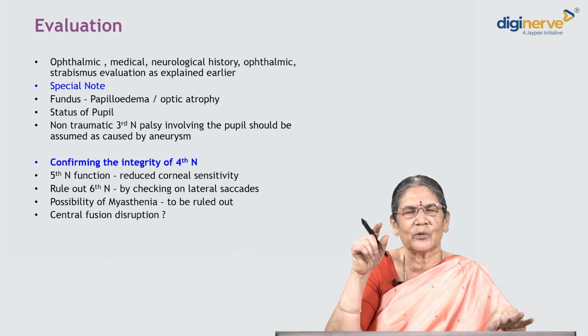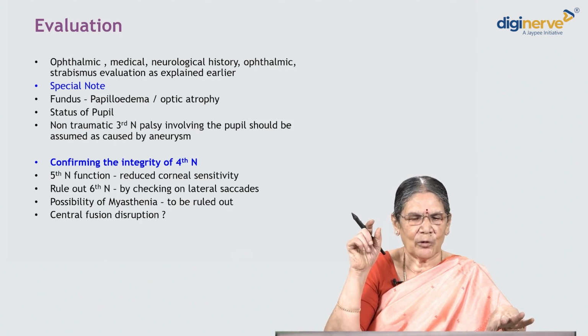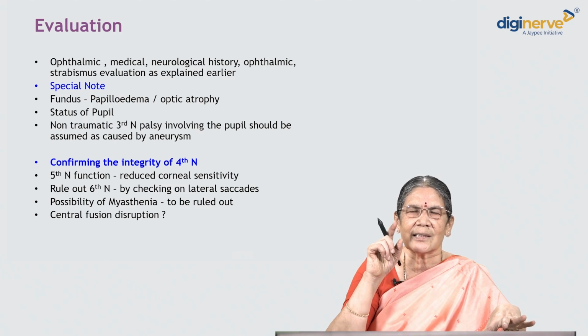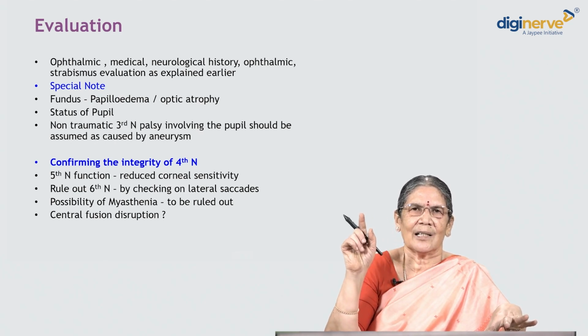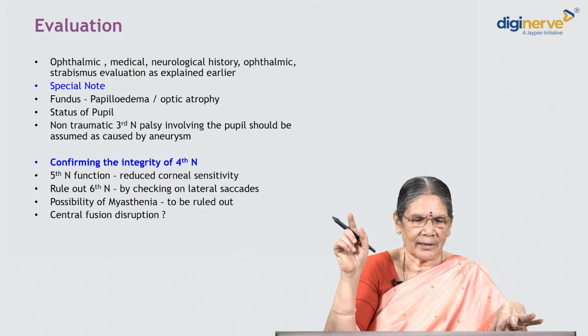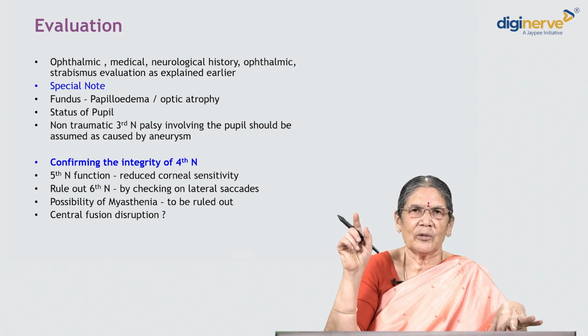If that is reduced, it tells us there is a fifth nerve involvement, and that can be there in cavernous sinus involvement. Rule out the sixth nerve by checking the saccades. As you check abduction, if good saccadic movement is possible, that shows a normal lateral rectus. And always think about the possibility of myasthenia and then do tests to rule that out.